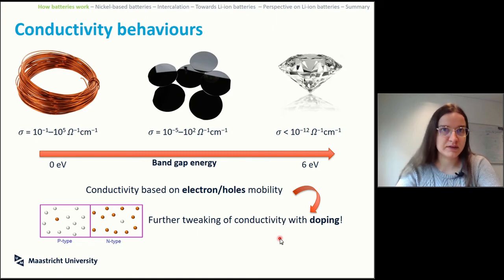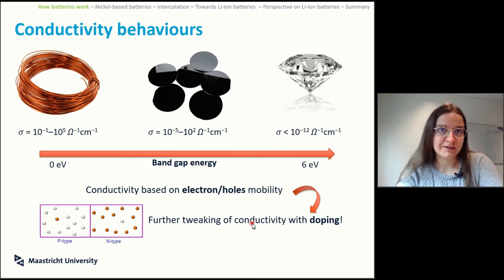If you have an extreme difference in energies between valence and conduction band, then you find yourself with an insulator. And then you have an intermediate state in which you find yourself with a semiconductor. And in semiconductors, the conductivity is dependent on temperature. But this electron hole mobility that you have can be tweaked further with doping.